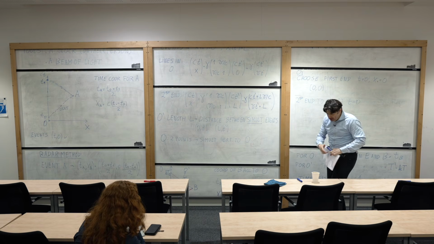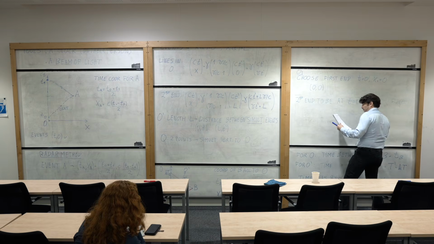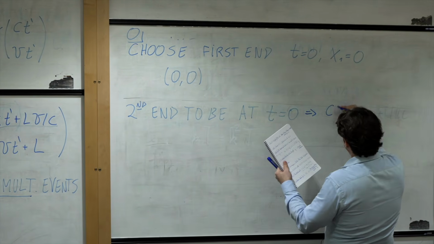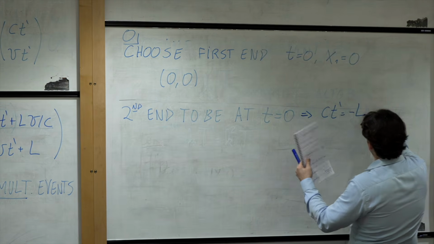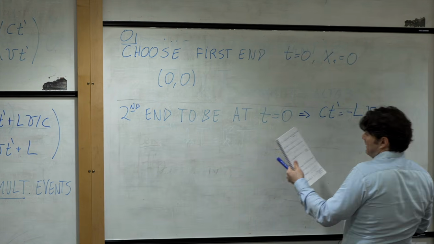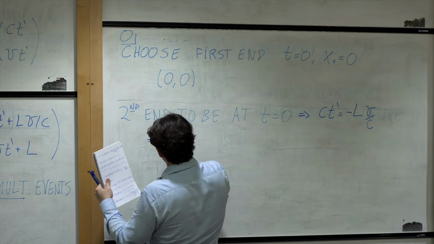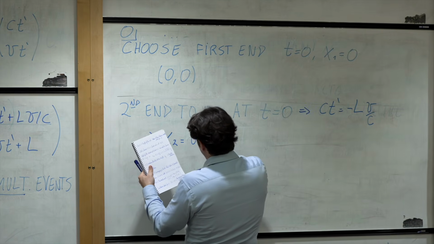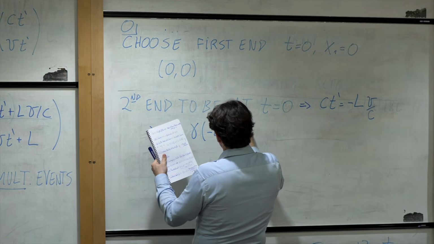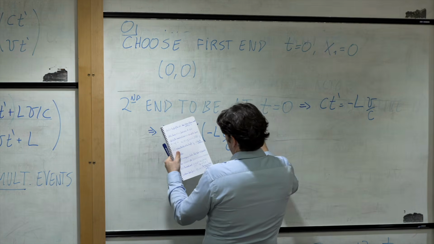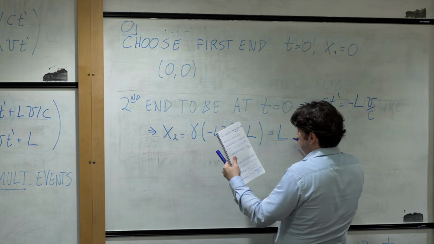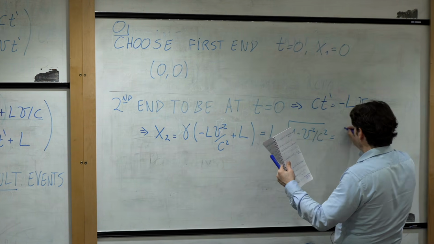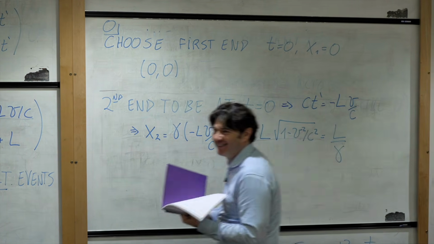So this implies that ct prime is equal to minus L v over c, and this implies that x2, the x of the second end, is gamma times (minus L v squared over c squared plus L), which is nothing but L times the square root of 1 minus v squared over c squared, which is L over gamma.